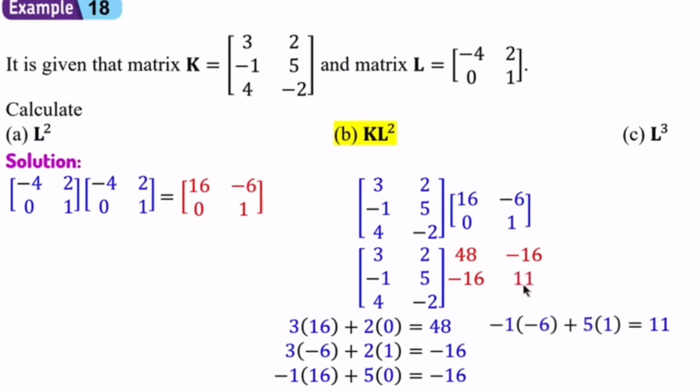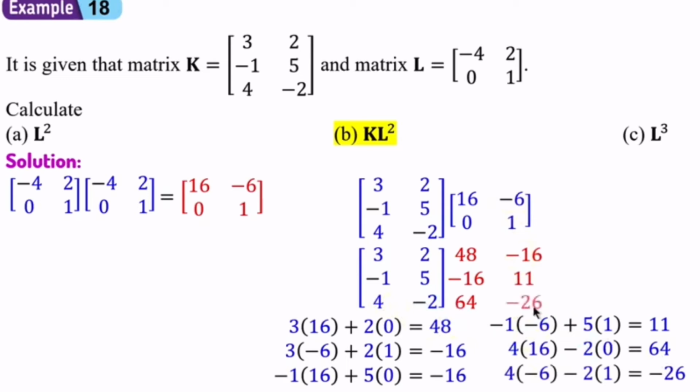Okay, so we have completed this K times L square. So the answer you can write down later to show the product of the K times L square. So always list down the steps and double check the steps so that you won't make careless mistakes.